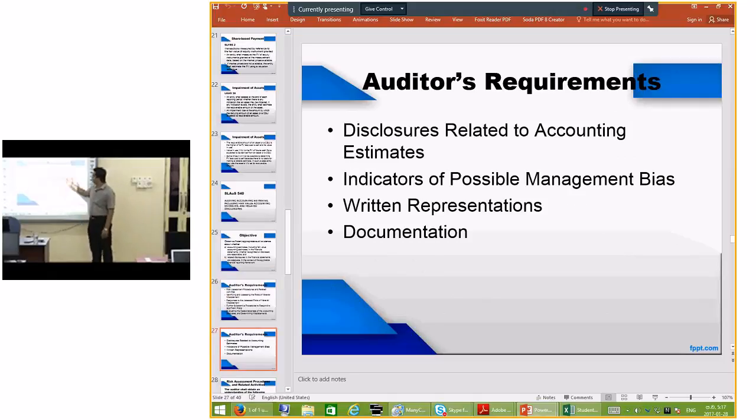And make sure correct disclosures have been made in the financial statements on accounting estimates. Right? Any management bias, so get the written representation and do the proper documentation.